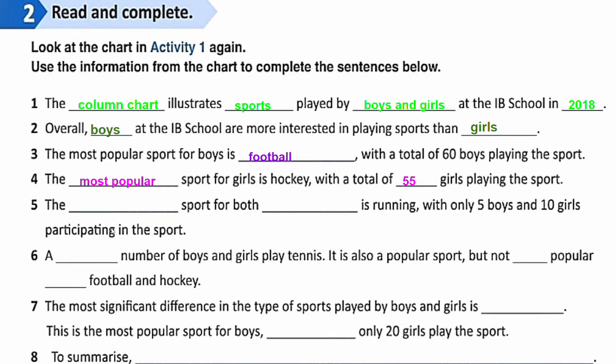Excellent. Concerning number 5, the least popular sport for both boys and girls, or genders, is running, with only 5 boys and 10 girls participating in the sport.